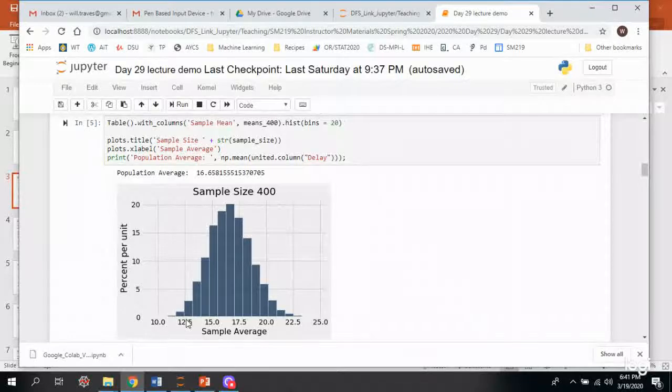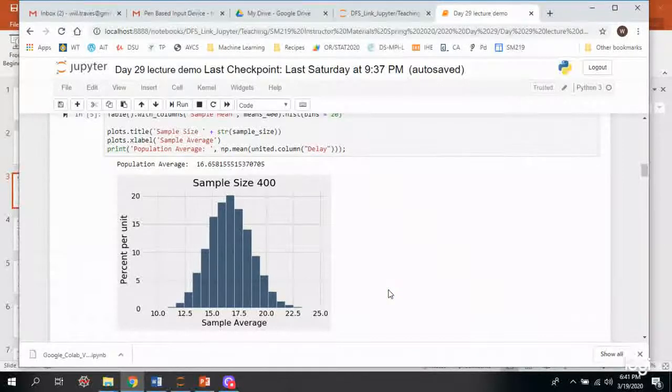They seem to range from somewhere around 12 to somewhere around 22. Any number between 12 and 22 seems like it's a possible number that we could have produced here. And so we've got a fair bit of variability in our sample averages.